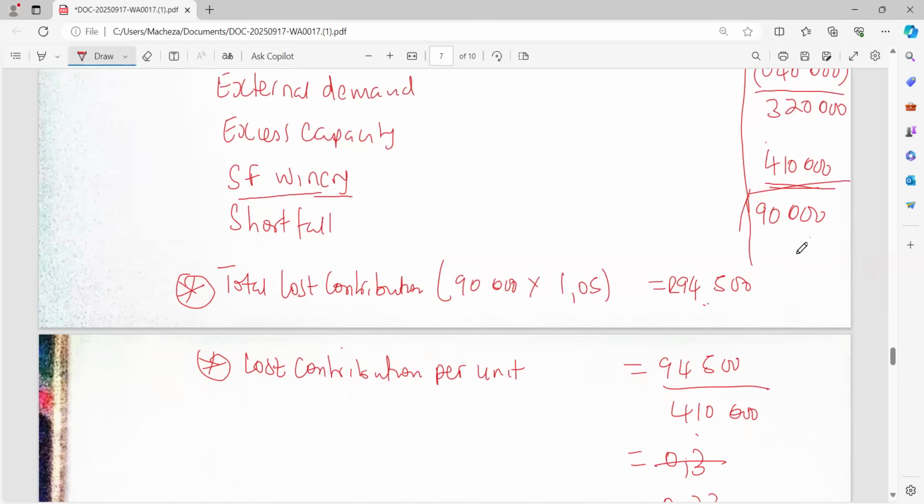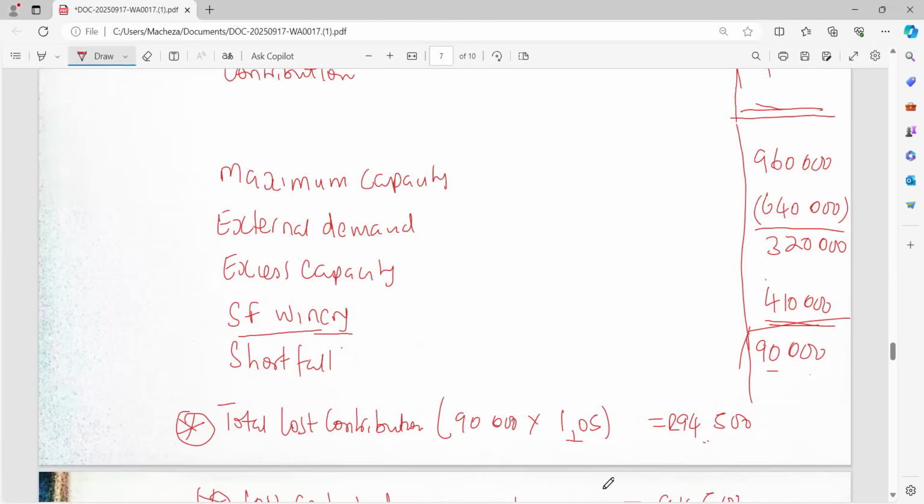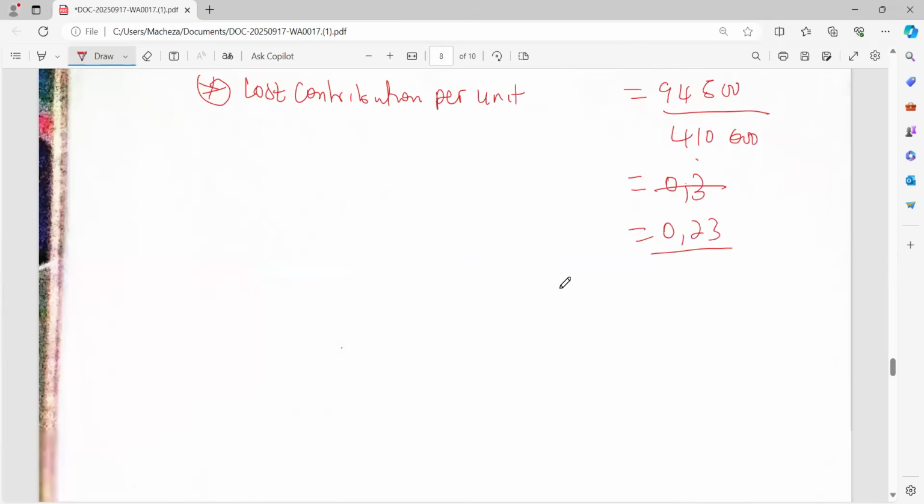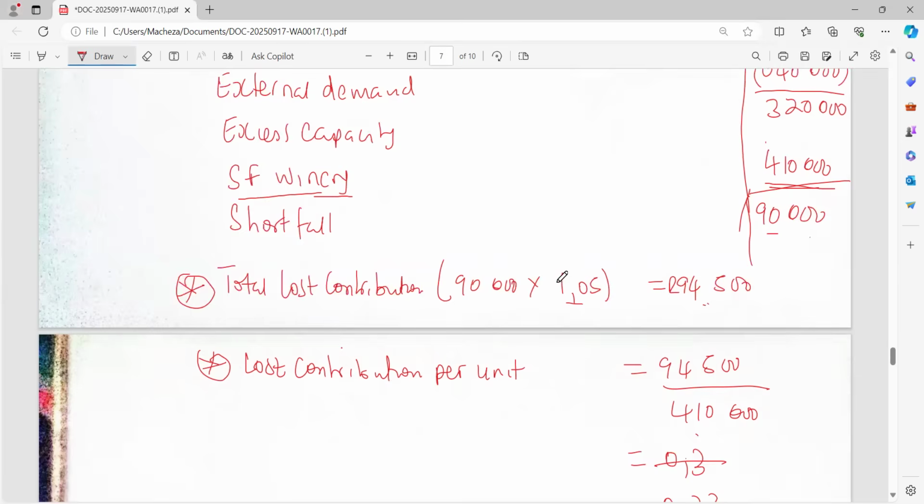Once you have your shortfall, it gives you the total lost contribution. Then you go to the prioritized one, like in our case, SF is the prioritized one. Then you have your lost contribution per unit. So that's how you do it based on UNISA standard.